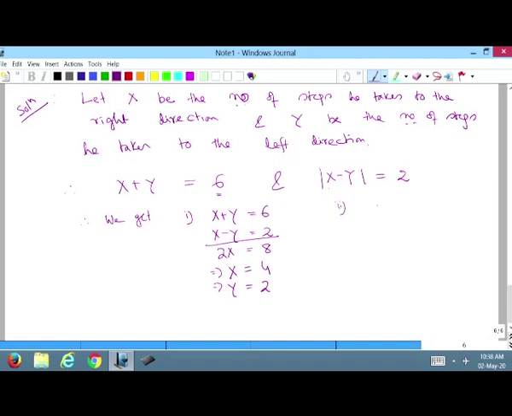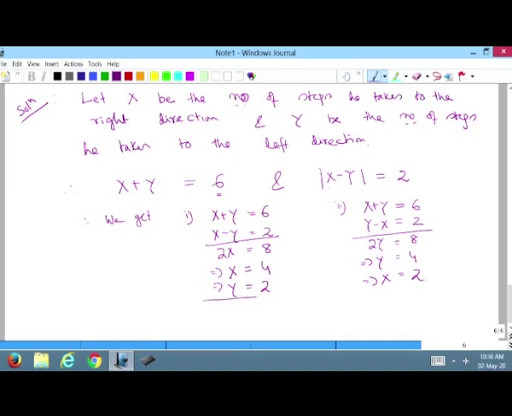And the second set of equations is x plus y is equal to 6 and y minus x is equal to 2, which implies 2y is equal to 8, which implies y is equal to 4, which implies x is equal to 2.